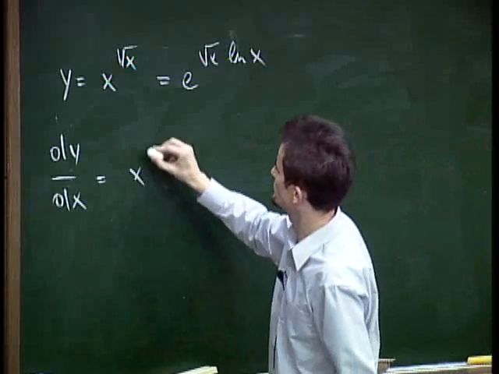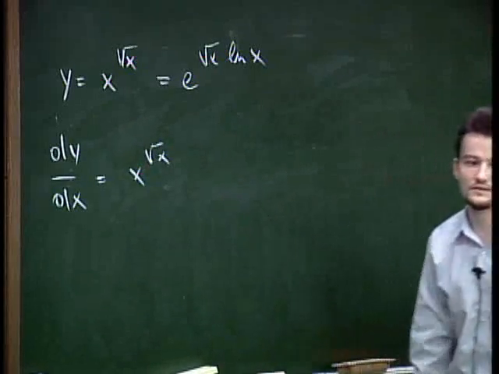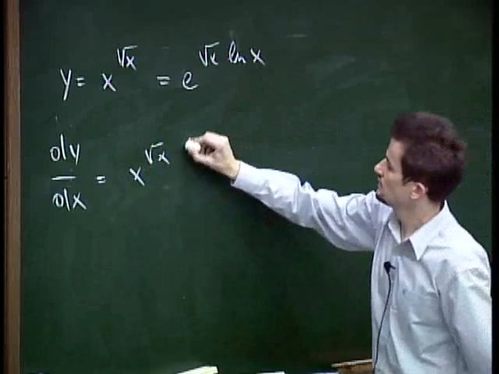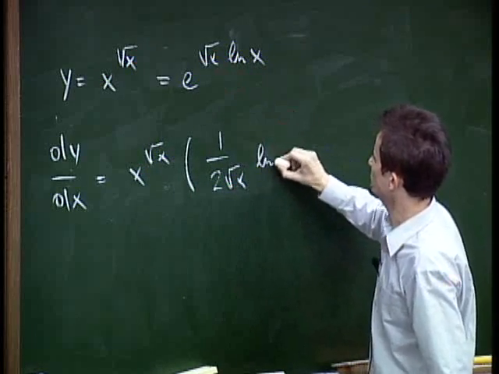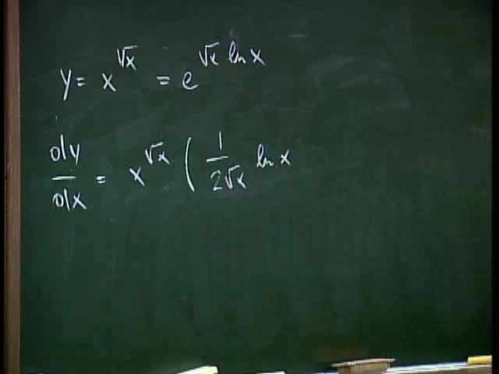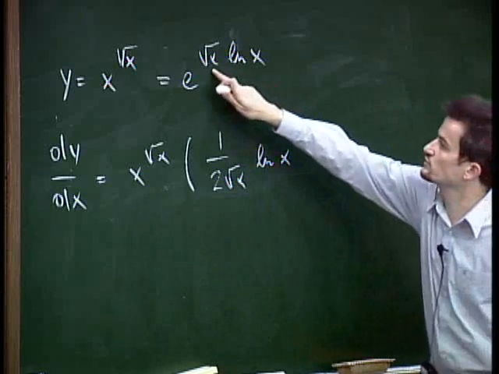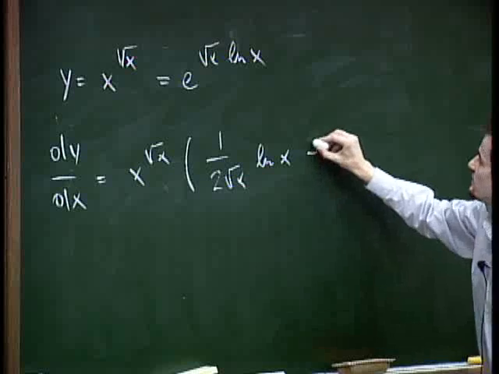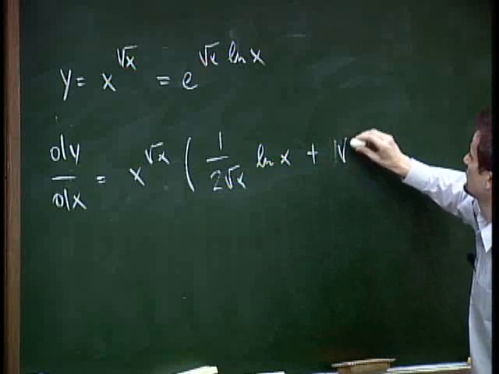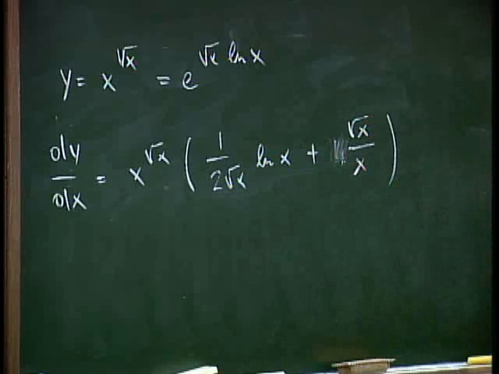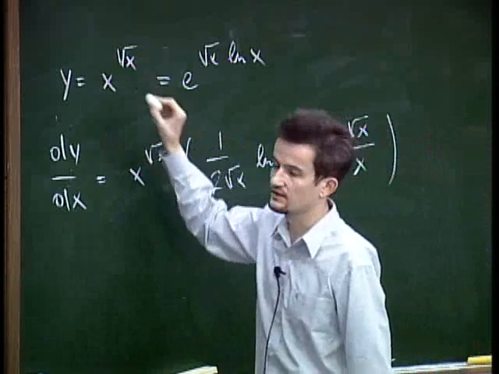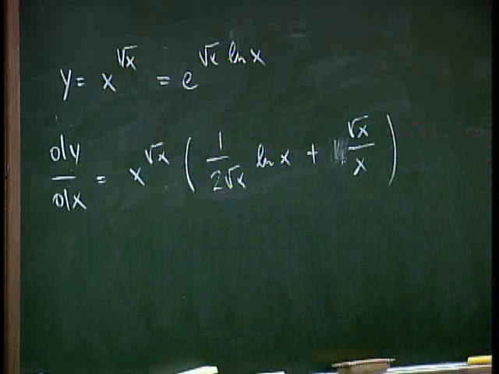So you have x to the square root of x times the derivative of the inner function, which is 1 over 2 times the square root of x ln of x. So here you have to use the product rule for this function here, plus square root of x over x. Okay, so it's no problem for us now to compute the derivative of even such complicated functions.